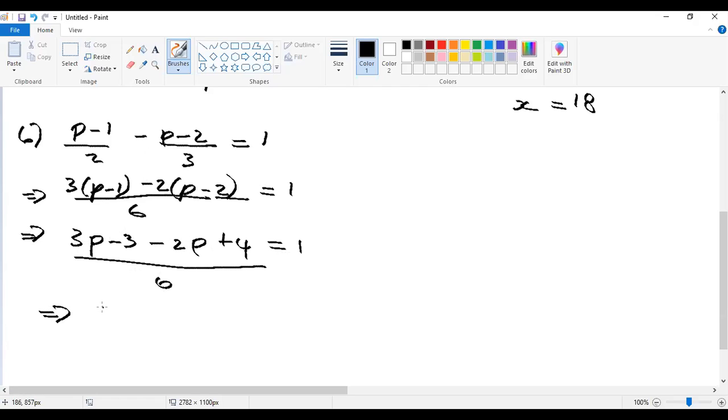I can further simplify. So 3p minus 2p is p, and then minus 3 plus 4 is a positive 1, all over 6 equals 1. From here now, I can get rid of this fraction by multiplying both sides by 6. So 6 times 6, this becomes p plus 1 equals 6.